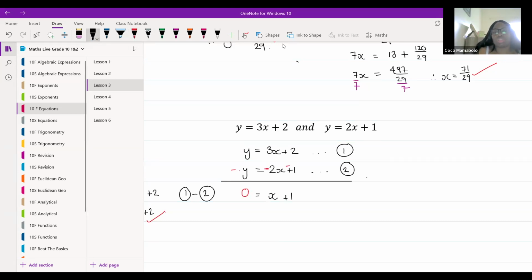So now my equation reads 0 equals x plus 1. And I can then just solve for x by taking the positive 1 over to the other side. So I will then get that x is equal to negative 1. All right, are we all okay with this? Thumbs up. How are we feeling about substitution versus elimination? Thumbs up. All right.